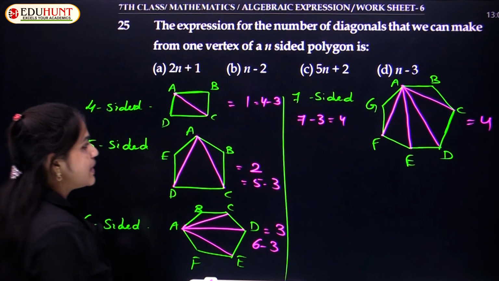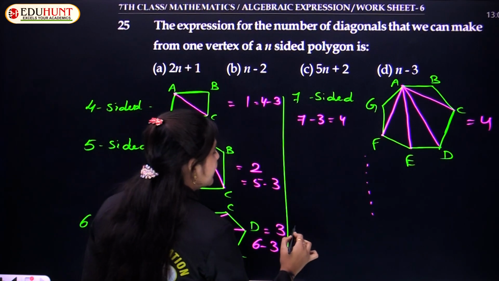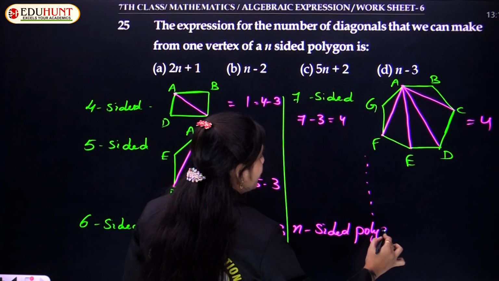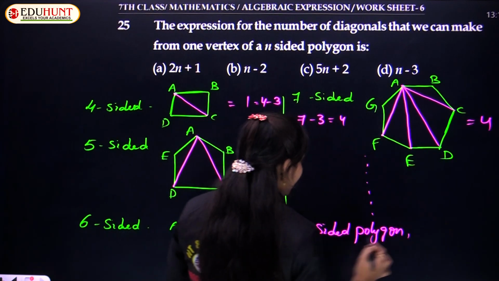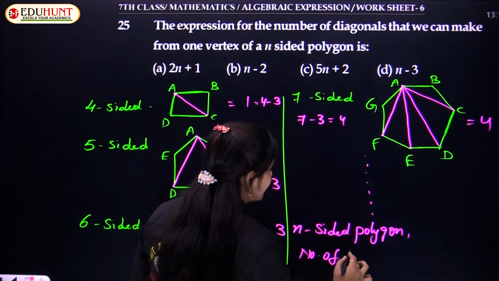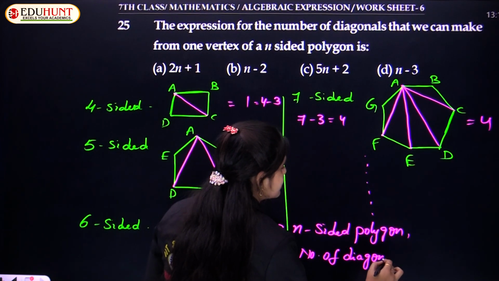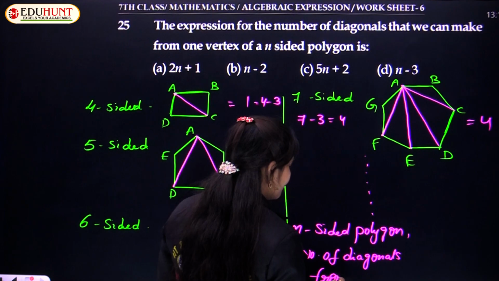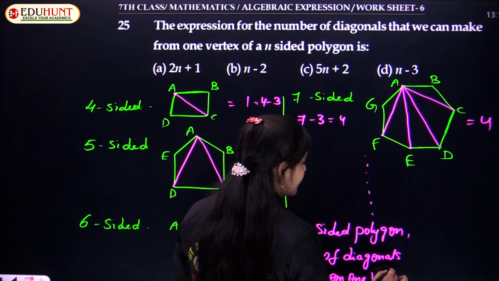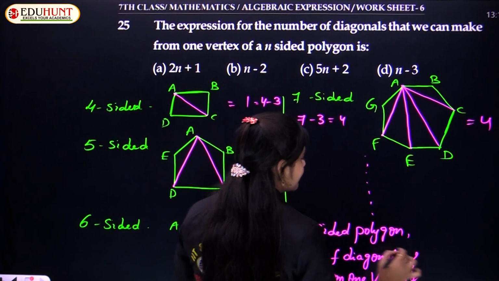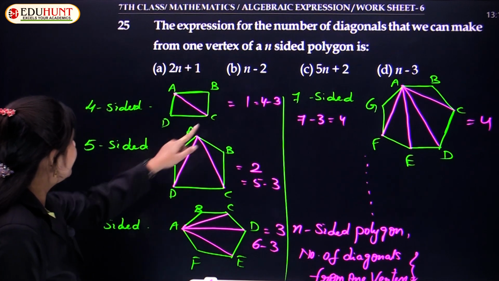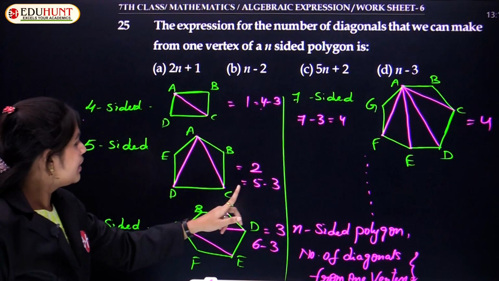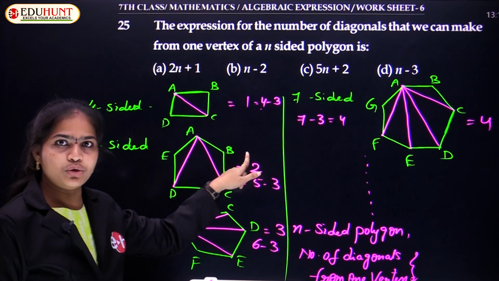As per this, after generalization, if it is an n-sided polygon, then the formula for the number of diagonals we can draw from one vertex: a 4-sided figure, 4 minus 3, 1. A 5-sided figure, 5 minus 3, 2.